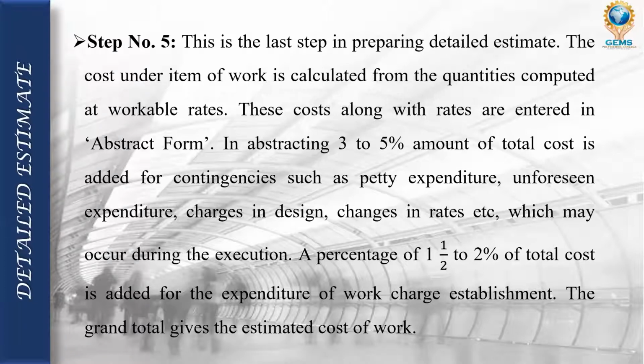Here two things we have to consider in abstracting. First, 3 to 5% of the total cost is added for contingencies. Contingencies means petty expenditure, unforeseen and extra charges, for maintenance purposes and so on. Second, a percentage of 1.5 to 2% of the total cost is added for the expenditure of work charged establishment, since establishing the work needs some time and cost.